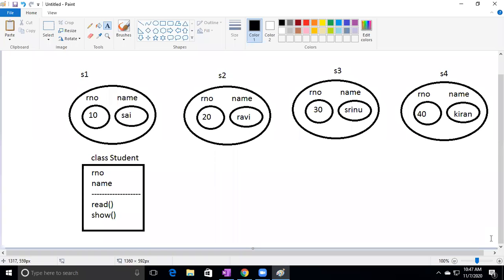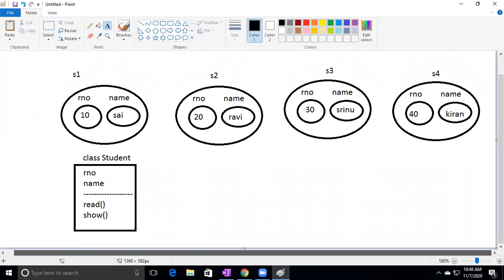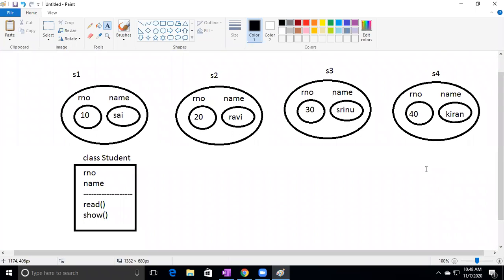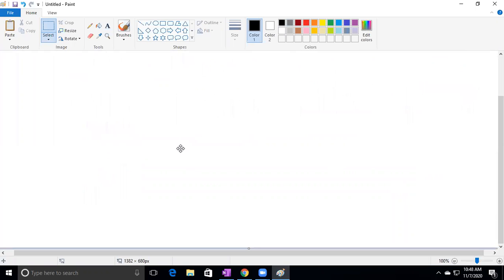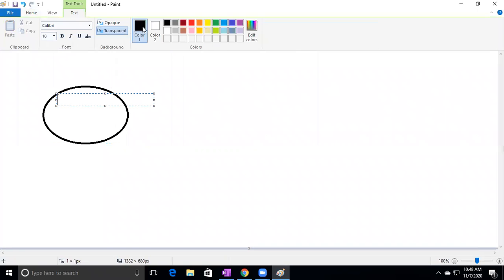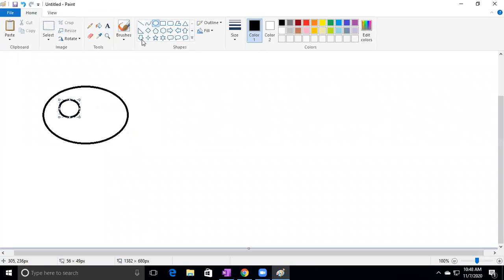I will give another example to understand more clearly. Listen carefully. For example, one bank wants to maintain customer details, like customer account number, customer name, and his account balance.